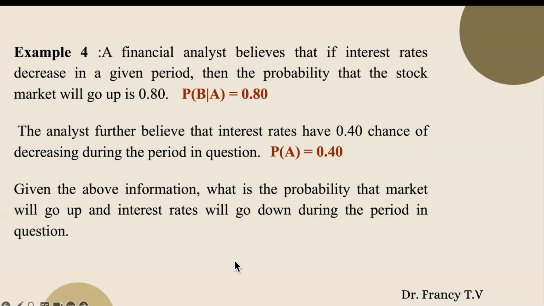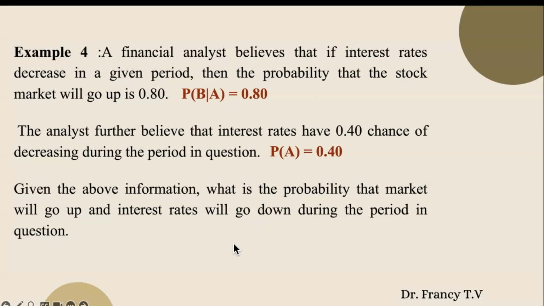Given the above information, what is the probability that the market will go up and interest rate will go down? Probability that market will go up, B, and interest rate will go down, A. That is probability of B intersection A.